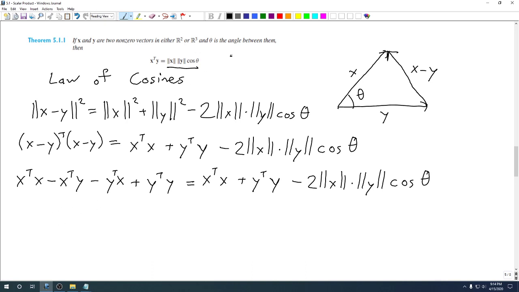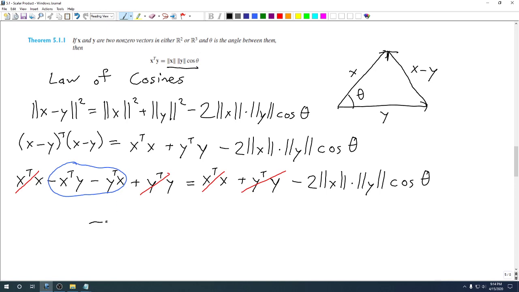Okay, so what can we do now? Well, we can cancel terms. We can cancel that term with this term. Those are the same thing. In fact, we can cancel that with this. These two terms, those are actually the same term. Remember, we can swap the order of x and y without any problem. So x transpose y is the same thing as y transpose x.